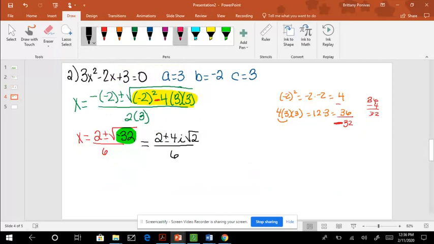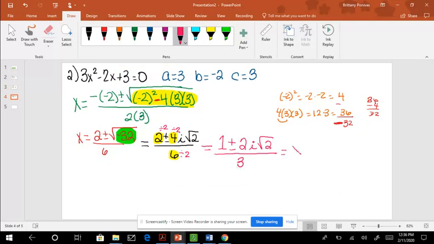And you are checking to see if the numbers can be reduced. 2, 4, and 6 are all divisible by 2. 2 divided by 2 is 1, plus or minus 4 divided by 2 is 2i square root of 2, all over 6 divided by 2, which is 3.